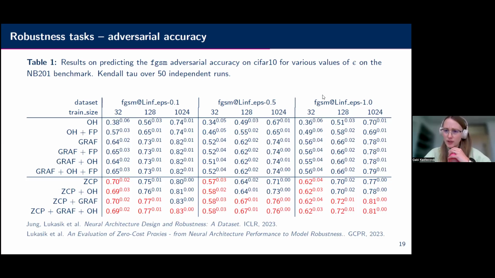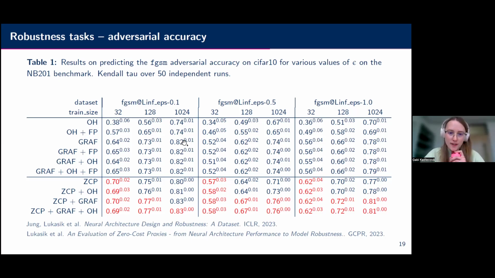So I think on the right is the highest intensity of the attack. And it's again Candle over 50 rounds, and we sample either 32, 128, or 1000 networks, and the different encodings. So for robustness, zero-cost proxies seem to be quite important, at least for FGSM.